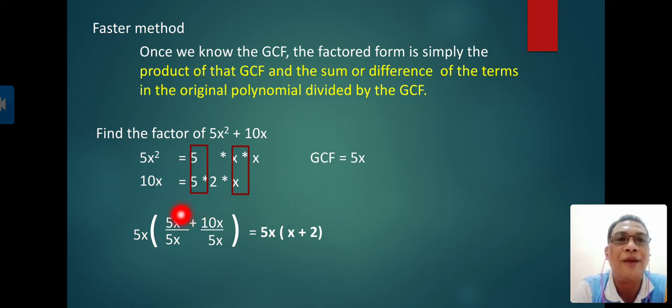Okay, so 5 divided by 5, that will be 1. x squared divided by x, that will be x. And 10 divided by 5, that will be 2, and x divided by x, that will be 1. So we are left with only x plus 2. So 5x, quantity of x plus 2, that will be the factor form of 5x squared plus 10x.